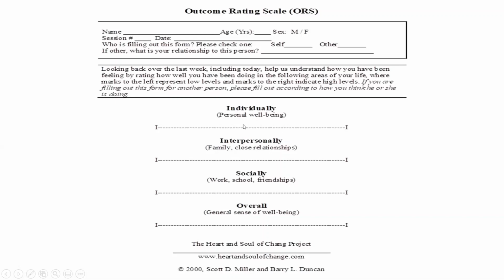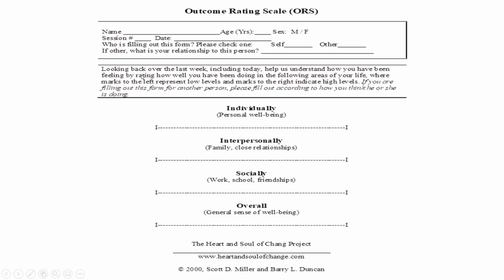There's individually, personal well-being; interpersonally, family and close relationships; socially, work, school, and friendships; and then overall general sense of well-being. It's a 10 centimeter continuum line, basically from 0 to 10. Each centimeter is 1 point. And we track how clients are doing in each of these different life areas from session to session.